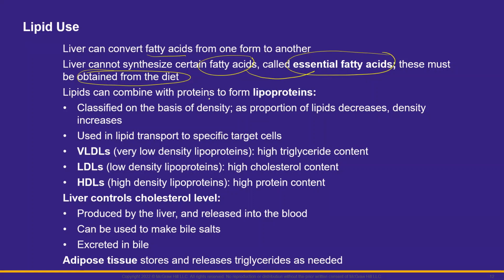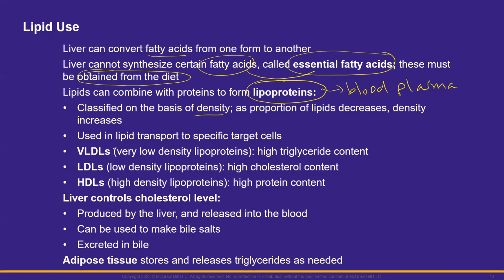Lipids can combine with protein to form lipoproteins. Mostly these lipoproteins are present in the blood plasma. These lipoproteins can be classified based on density.